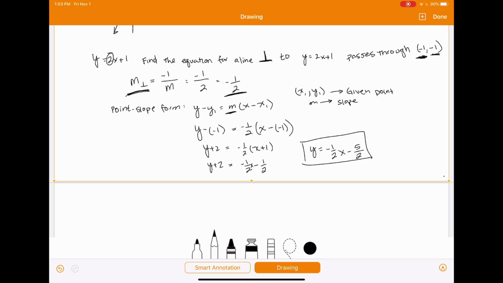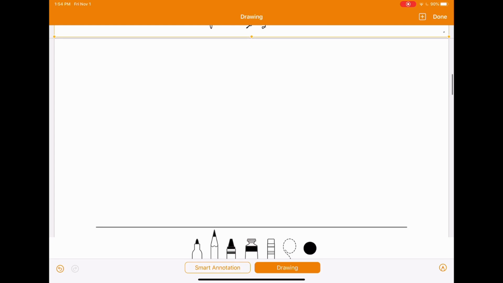And that would be your equation for the line that's perpendicular to y equals 2x plus 1 and passes through the point -1, -1. All right, so now I'm going to give you an opportunity to try one on your own.